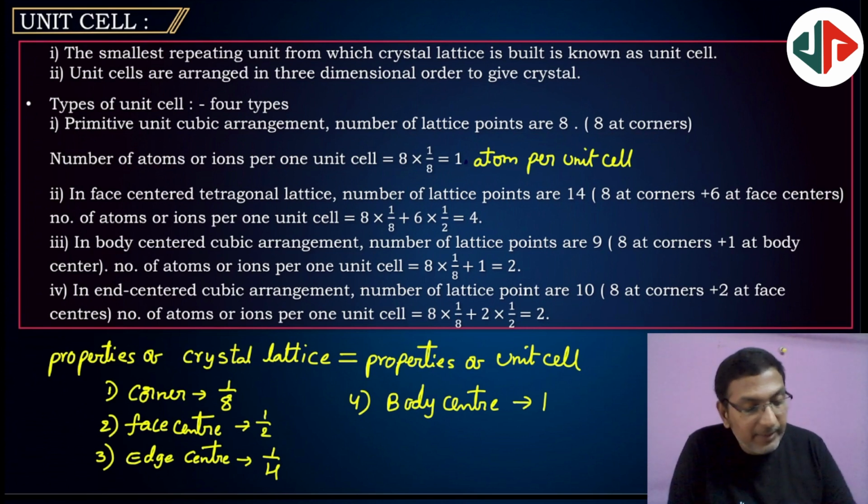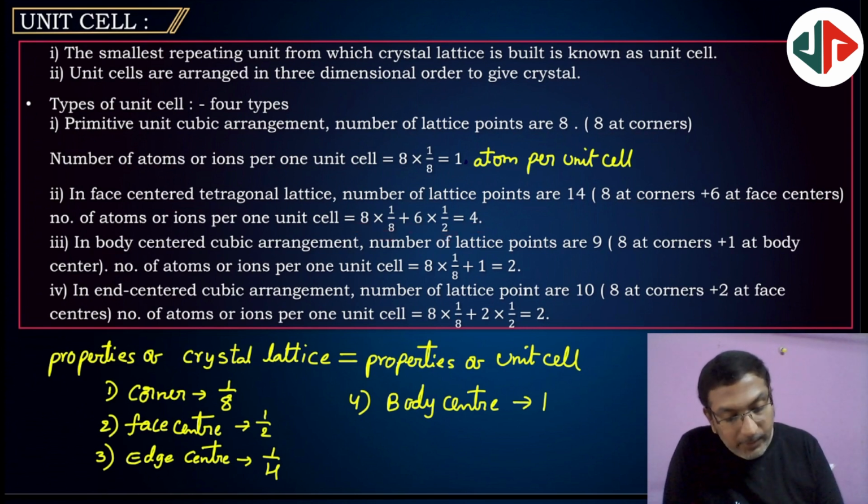Next, similarly face centered cubic. Here atoms will be at 8 corners and 6 face centers. So 8 into 1 by 8 plus 6 into 1 by 2, therefore total 4. So 4 atoms per unit cell.